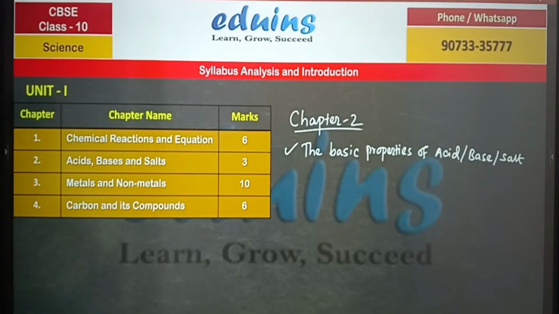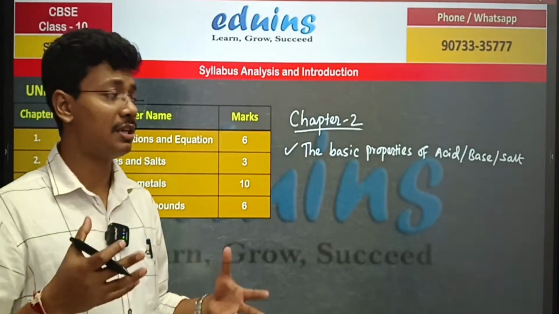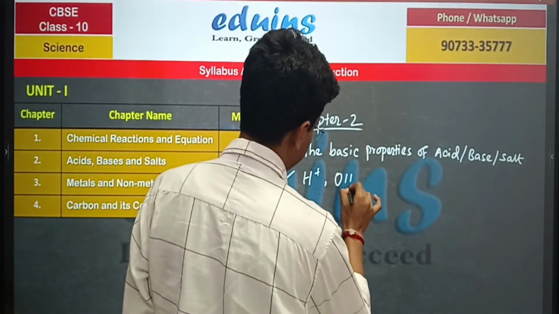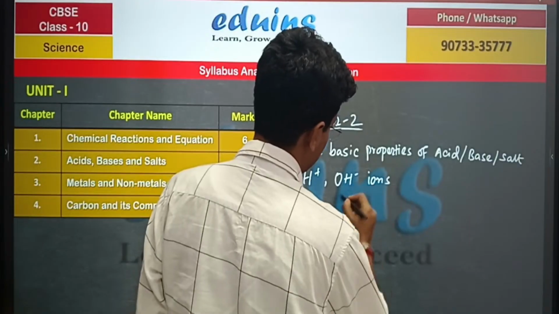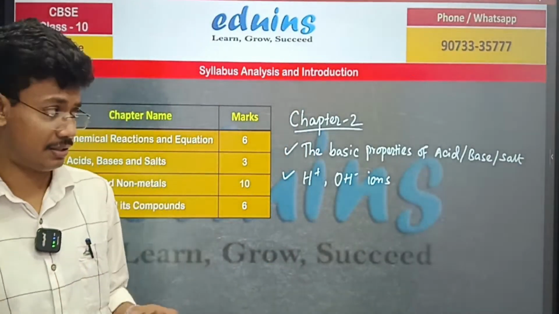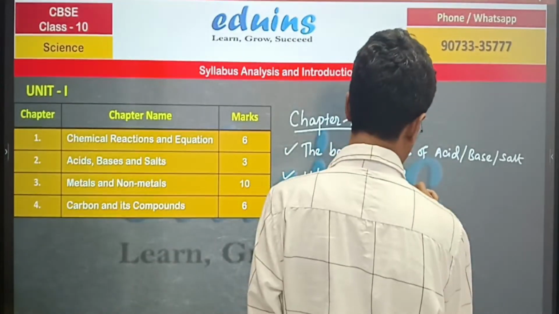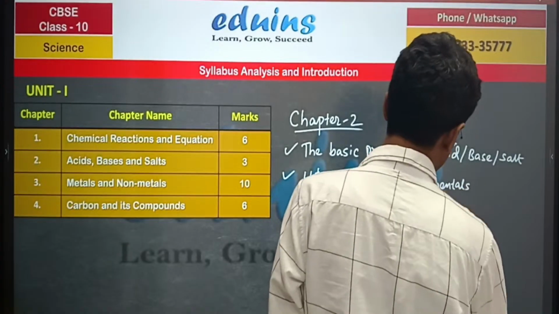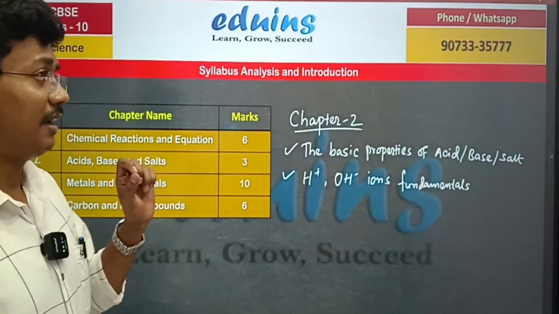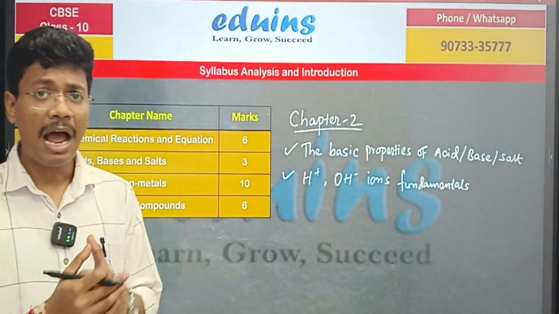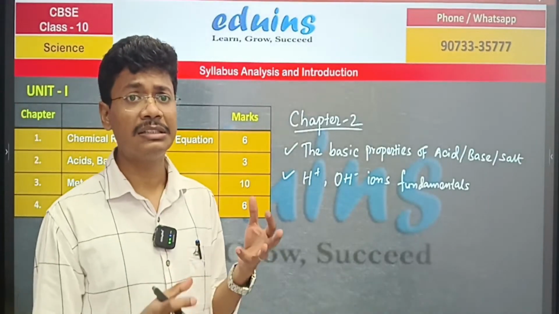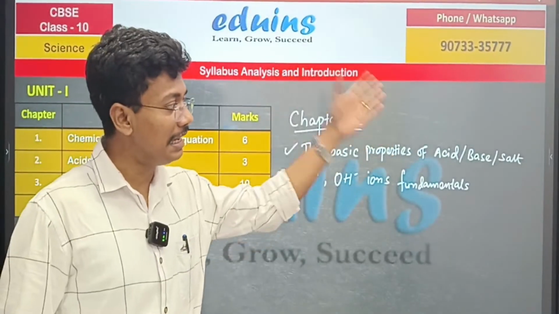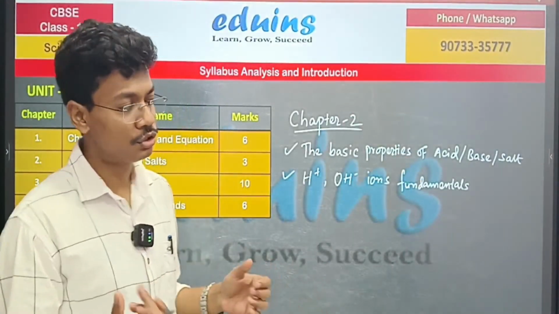Next we will define the hydrogen and hydroxyl ion, their fundamentals. Okay, so we will study the hydrogen ion and hydroxyl ion, what are their functions, how they work and how they are related to the acid, base and salts.